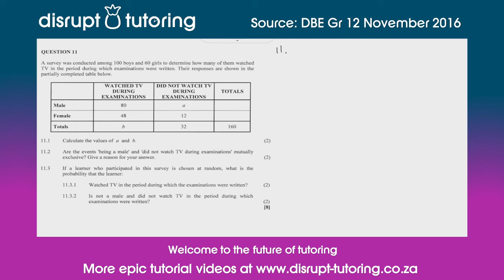So for that one, for 11.3.2, we're going to have the probability that it was a female and did not watch TV, and that is equal to a total of 12 over our overall total, 160, and that simplifies down to 3 over 40, which goes to 0.075 and further into 7.5%.